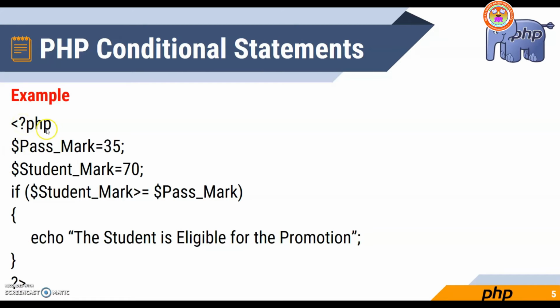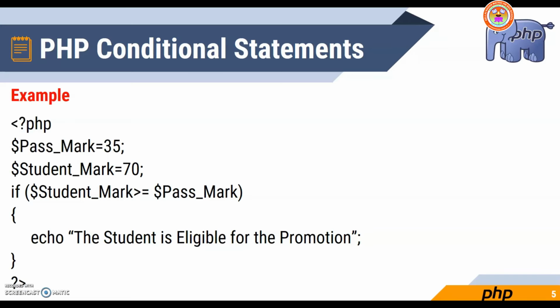The PHP script starts with the angular bracket, question mark, PHP. Then $pass_mark is given a value of 35. $student_mark. These two are variables.